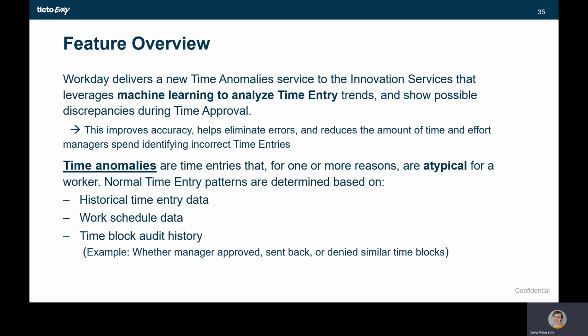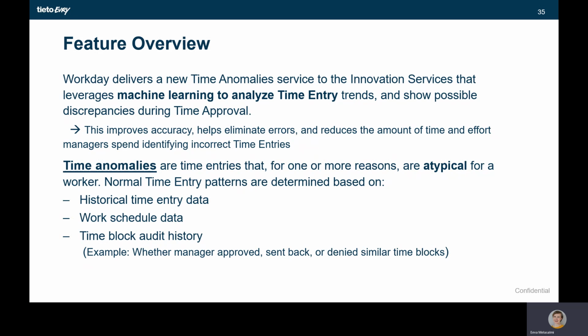What this feature is about is that Workday delivers this innovation service that uses machine learning to analyze the time entry trends. And that will help your managers to focus, when they're approving or reviewing time entries, on the discrepancies only, taking off the pressure of not having to go through all the time entry details one by one if there's nothing that the worker has highlighted to them to separately review.